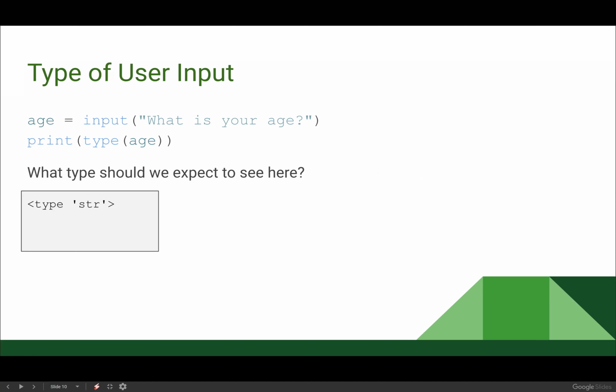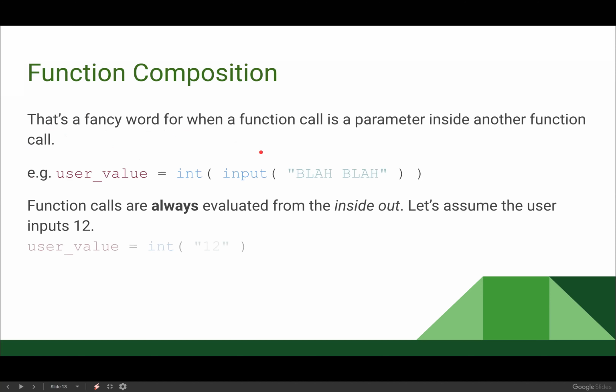So what I can do is put my input function, where I ask the user for something, inside of my int function, and then whatever the user types in will instantly get transformed into an integer and then saved into a variable.